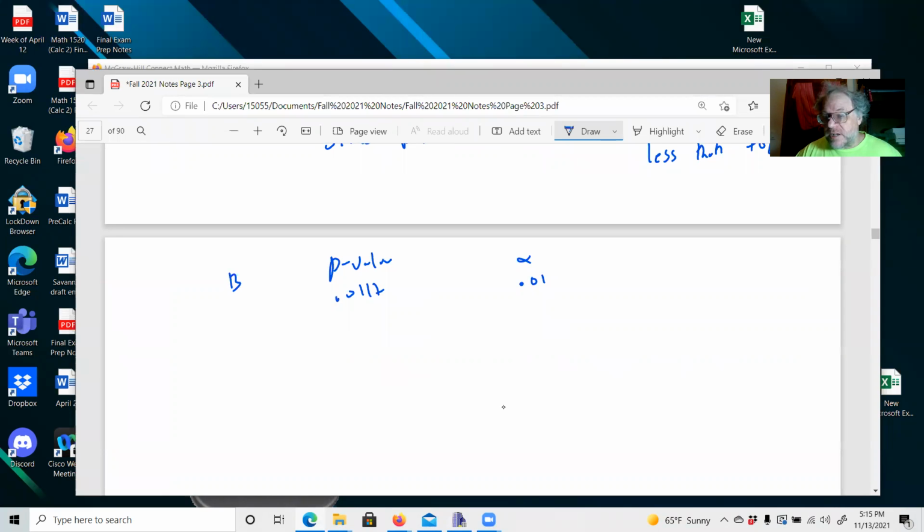This is a little bit bigger, isn't it? So p-value is greater than alpha. We said the standard for unusual is 1%. You didn't quite get down to 1%. It's close, but it ain't 1%. Because our p-value did not make it down to that range, we said, do not reject H0.